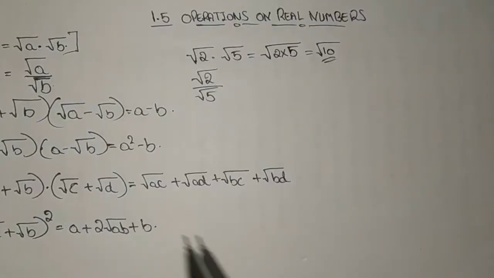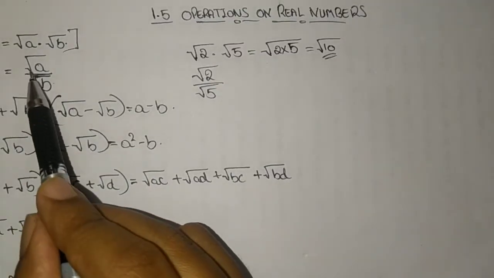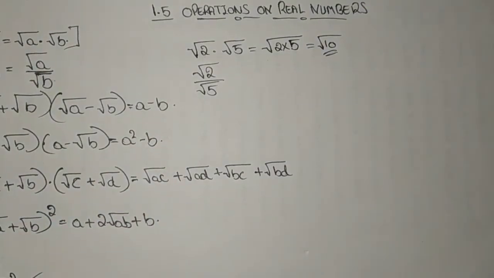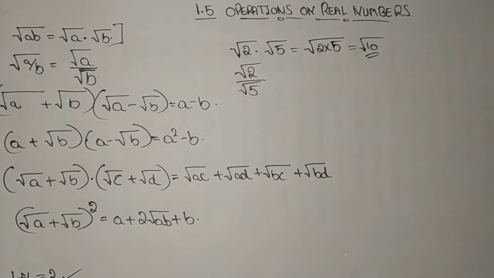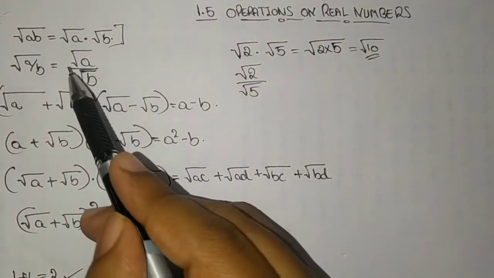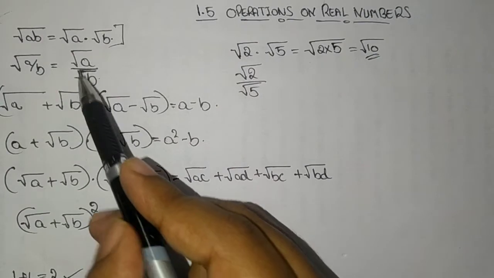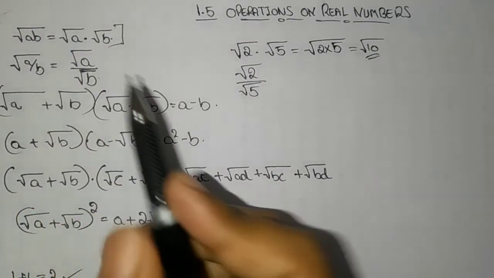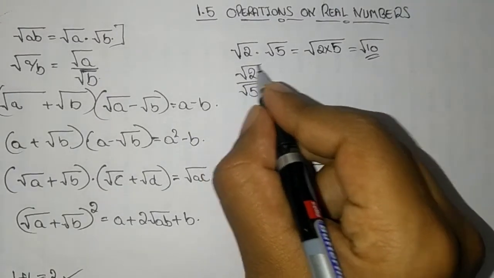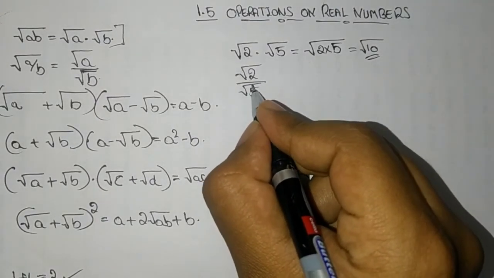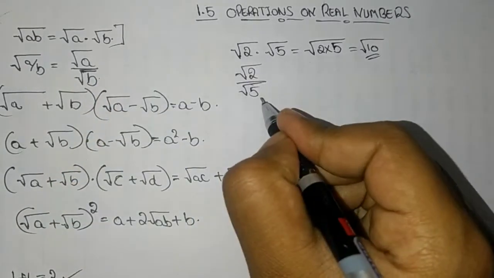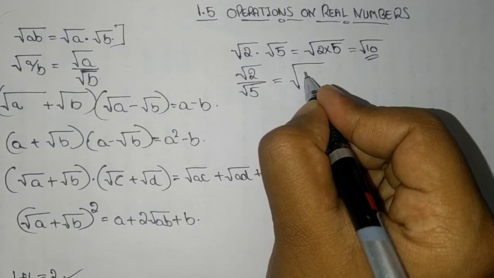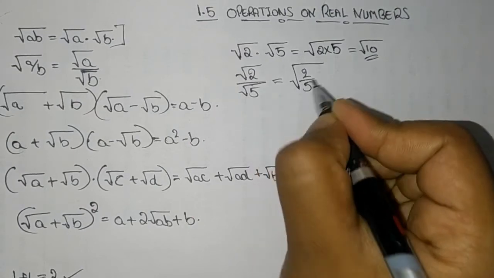Second concept, nothing but dividing two different square-rooted numbers, which can be represented within a single square root. I have an example here, root 2 divided by root 5. See, a is a different number, b is a different number. You can write this within a single square root, root of a by b.